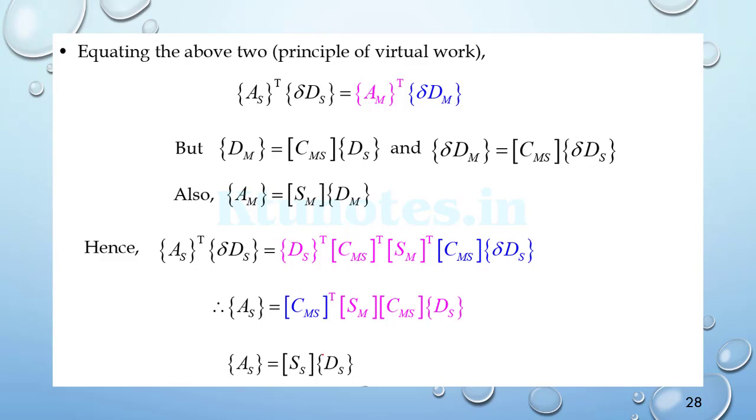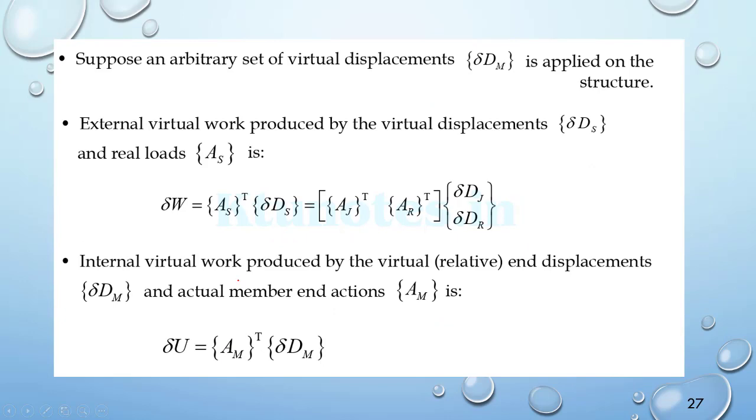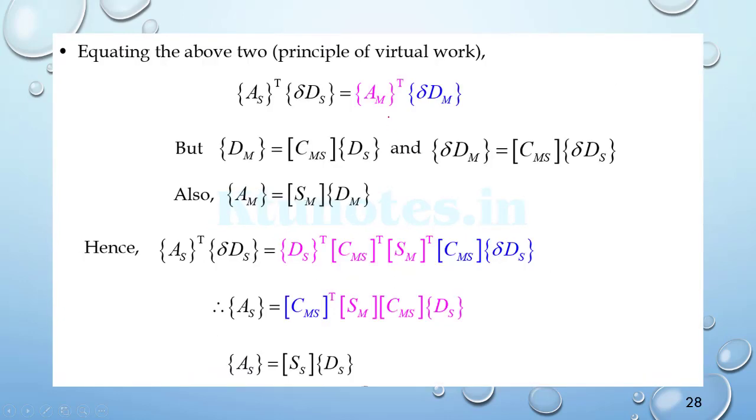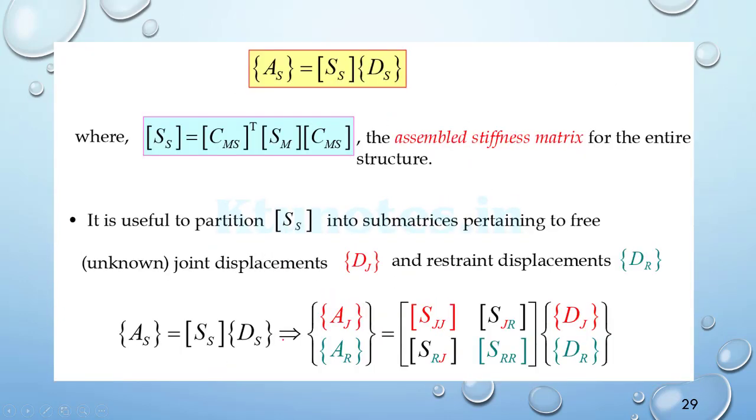Equating the above to the principle of virtual work, AS transpose into delta DS is equal to AM transpose into delta DM.